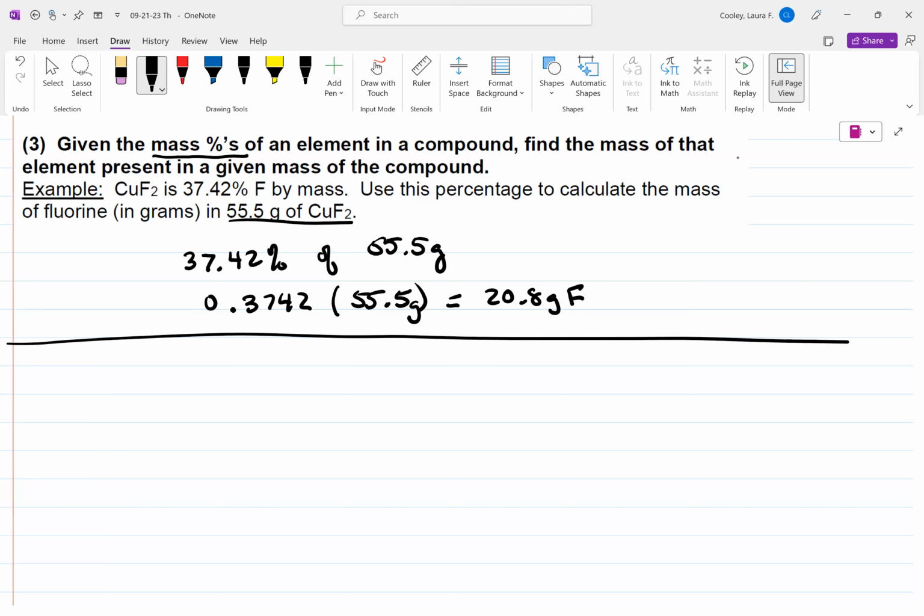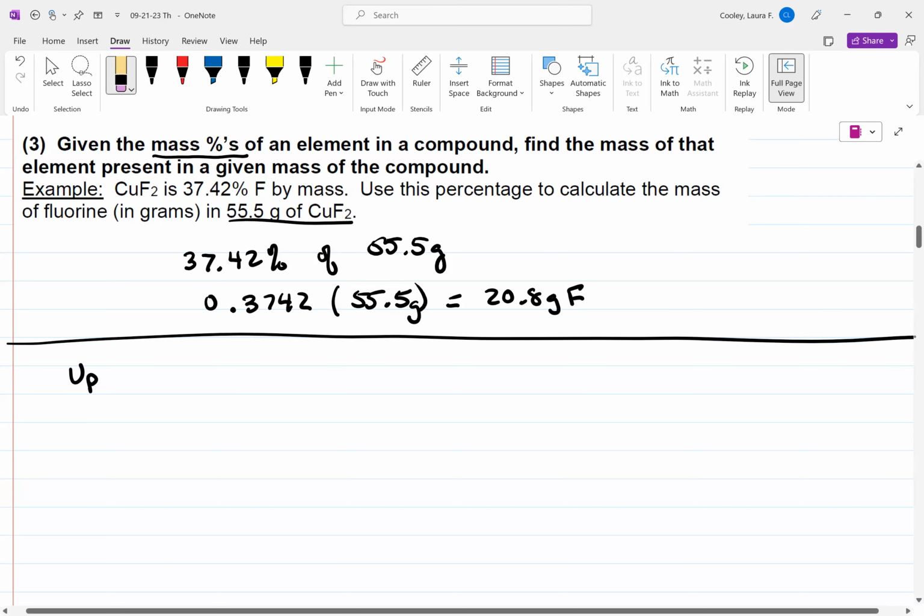So I want to move on to a slightly different topic. Up to now, I've been talking about pure compounds, also of elements.